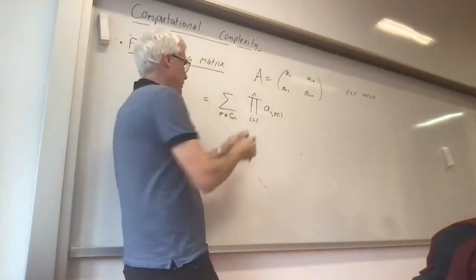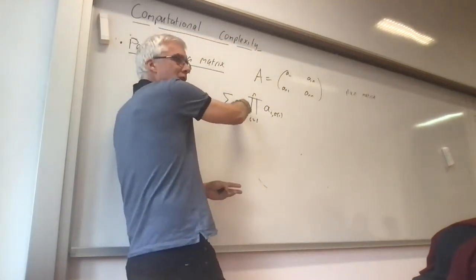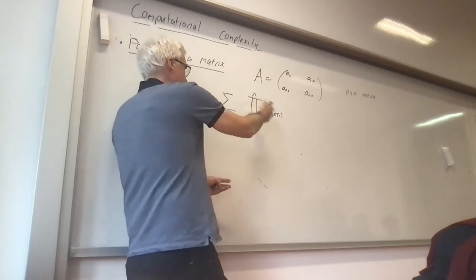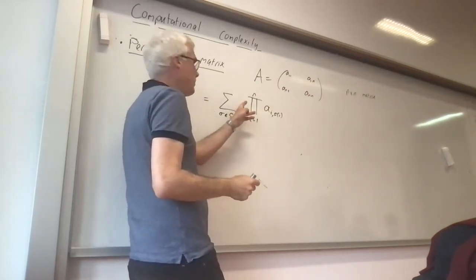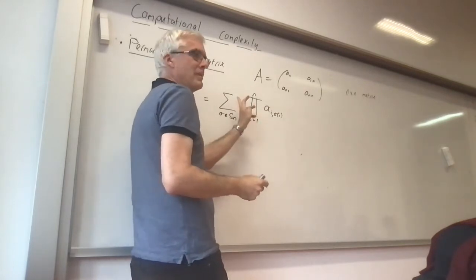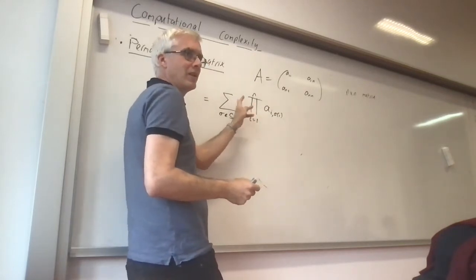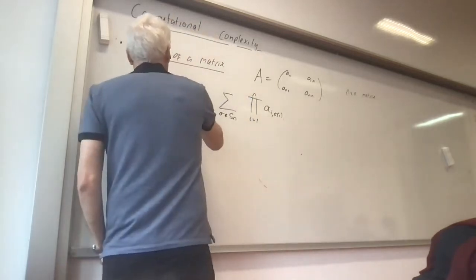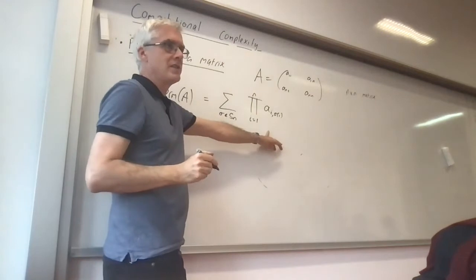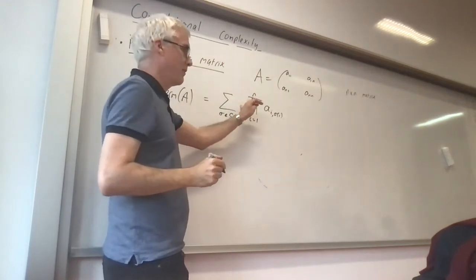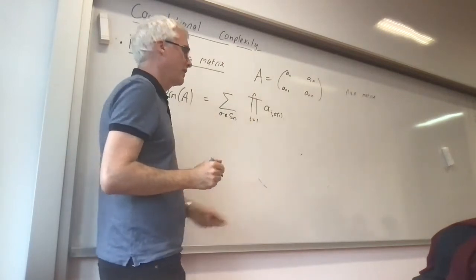To get the determinant, we need the sign of the permutation here. The permanent is this formula where you miss out the sign of the permutation. So this is the permanent of A, the same formula that you have for the determinant, but without the sign of the permutation involved. Okay.